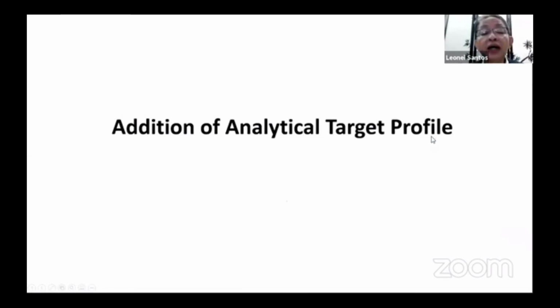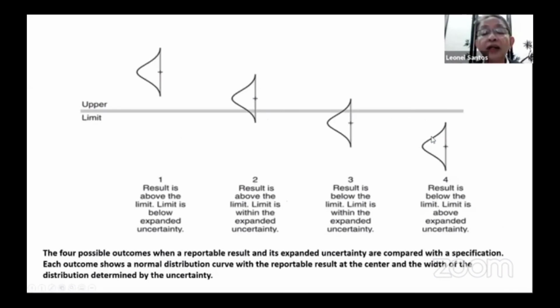Addition of an analytical target profile is described in this next slide, where the results are shown: the 4 possible outcomes of reportable results and the expanded uncertainty, as described by the Gaussian curve, are compared to the specification. If your specification is the upper limit, there are 4 possible results. The first is a result that is above the limit.